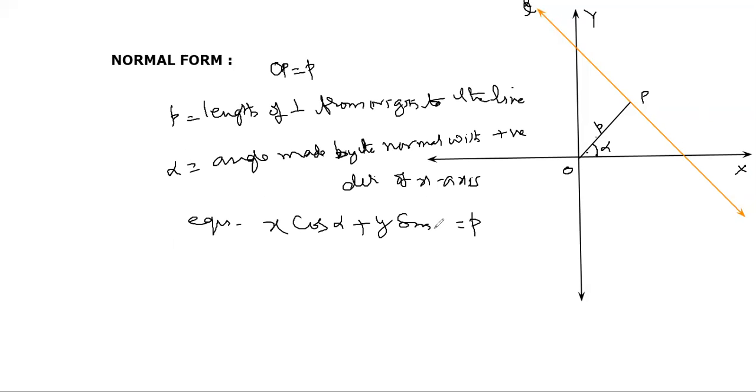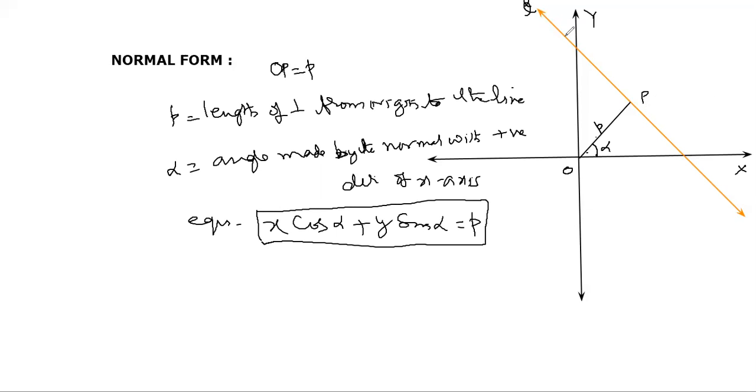Then the equation of the line will be x cos alpha plus y sin alpha is equal to P. This you have to remember. Now there are conditions: what will happen if alpha becomes 0? Those conditions we will discuss in the questions also. And here we can derive this formula by different ways, but we have only 2 minutes left. So just remember this formula, x cos alpha plus y sin alpha is equal to P, where P is the length of perpendicular from the origin.